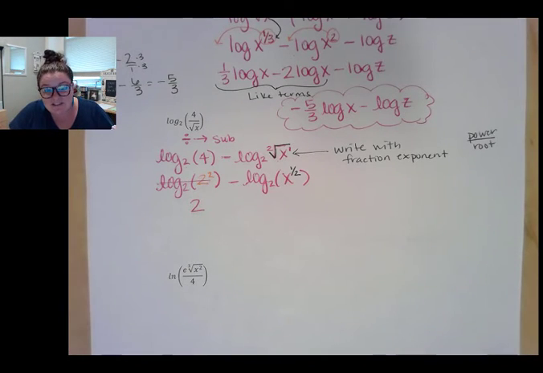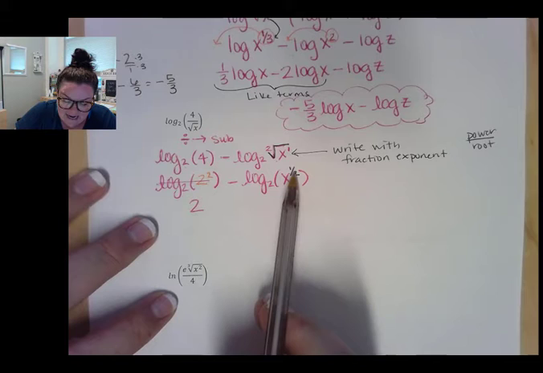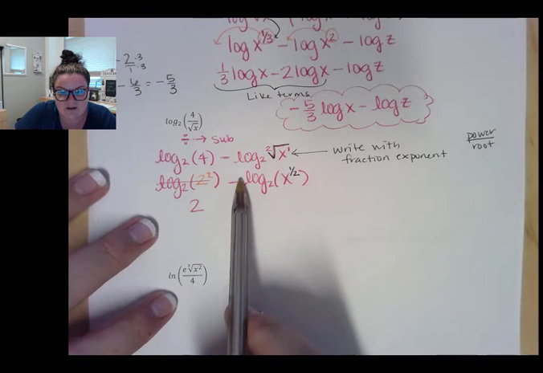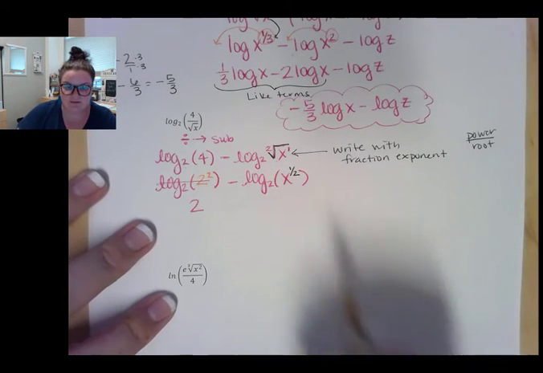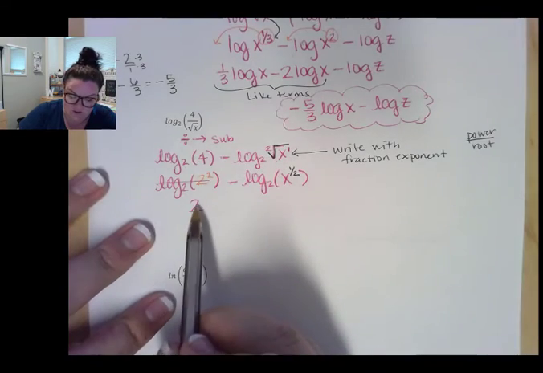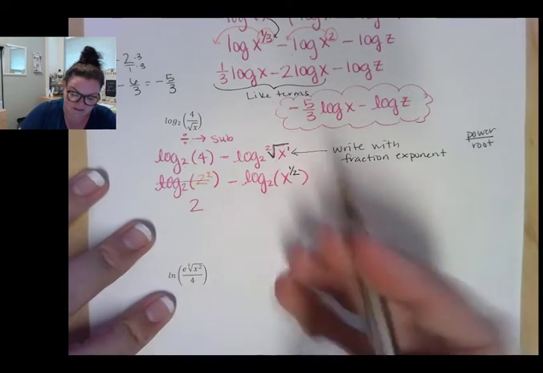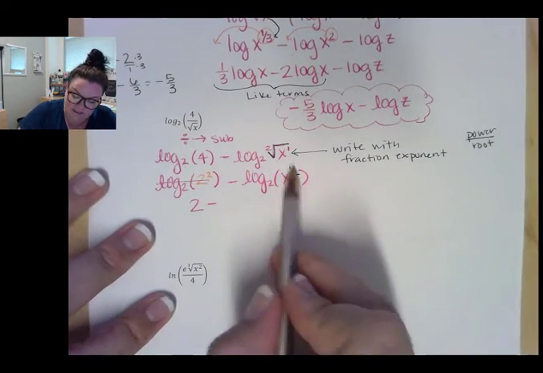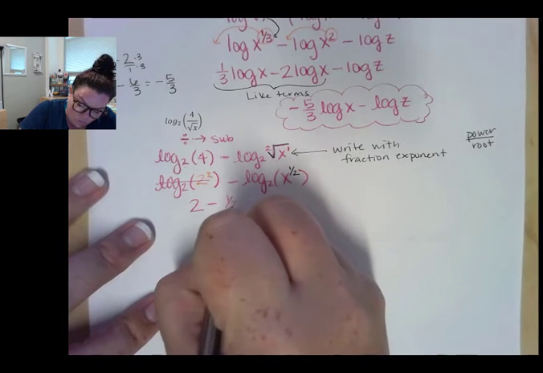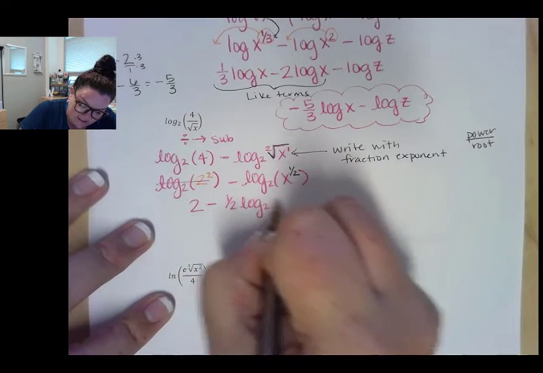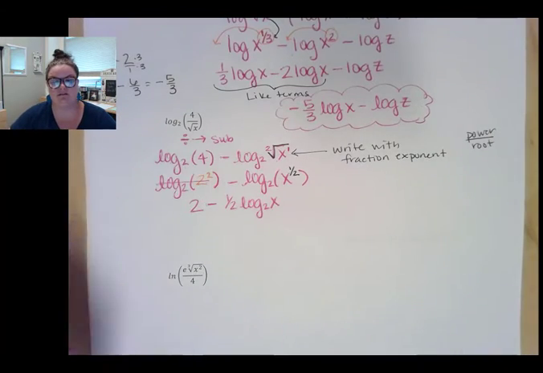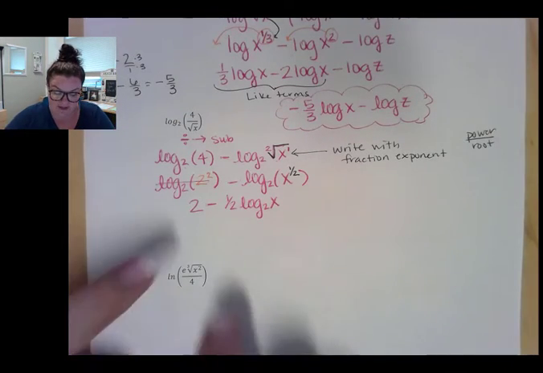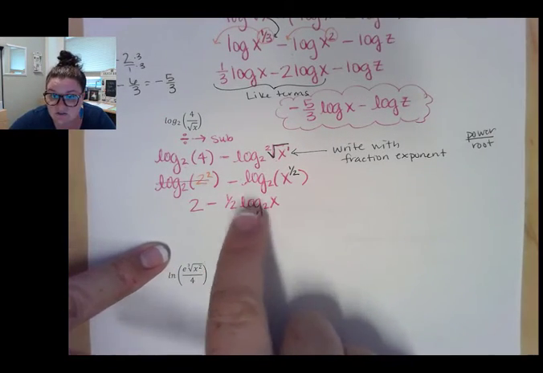The reason I want to do that is so that I can now take this exponent and bring it down as a coefficient. That's going to be my last step. So I have the 2 from all this mess, minus, when I bring down that 1/2, 1/2 log base 2 of x. Now notice that 1/2 is stuck like glue to this log.